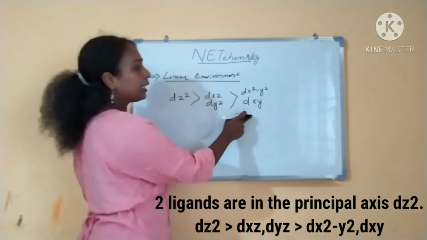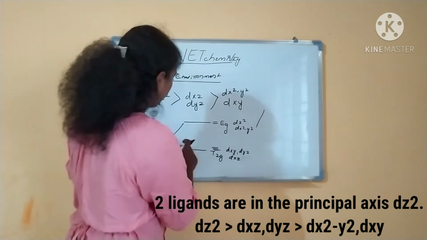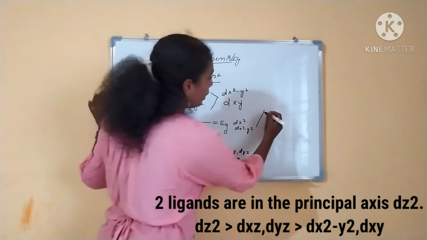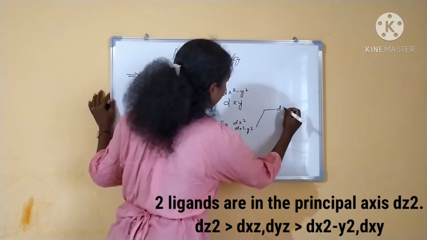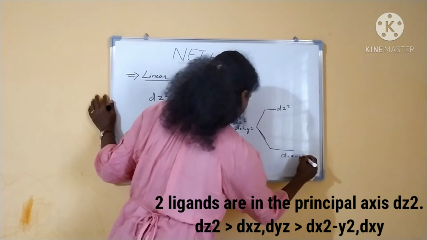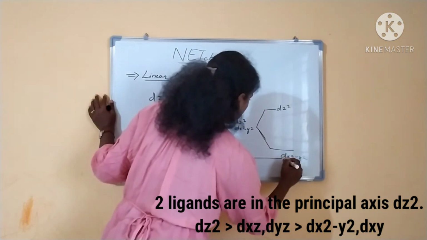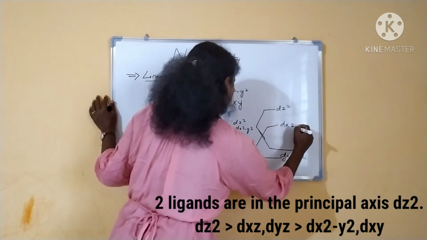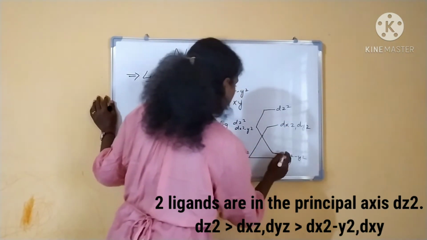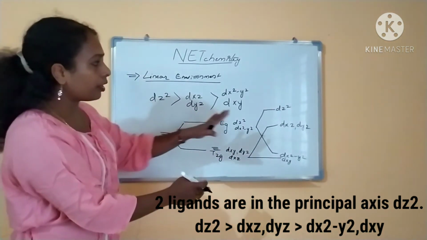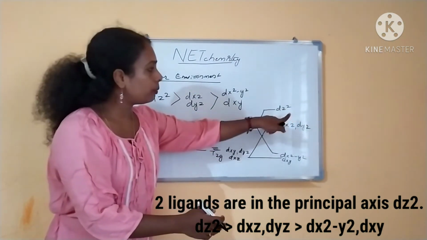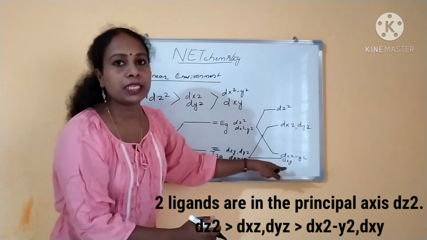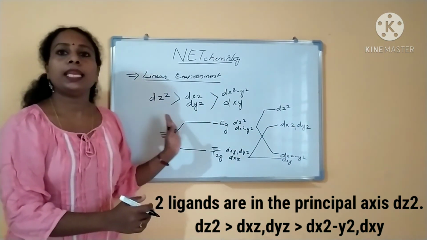Since only Z ligands will be there, dz square will be splitting more than xz and yz, and these two will be the same. This is the splitting in the linear environment.